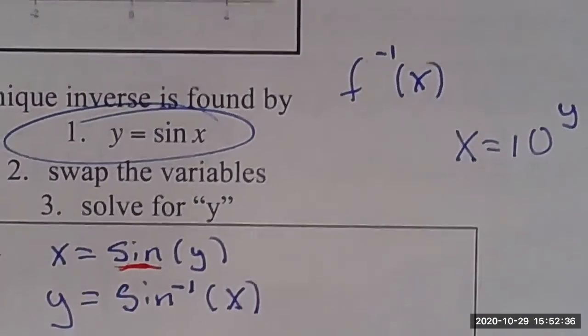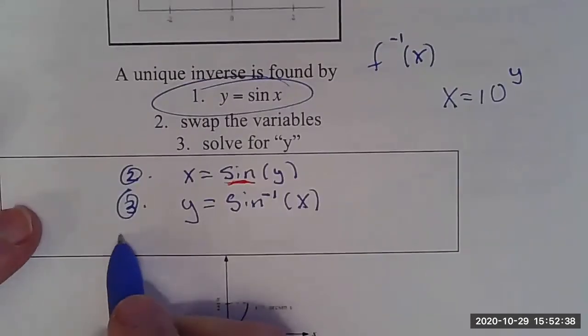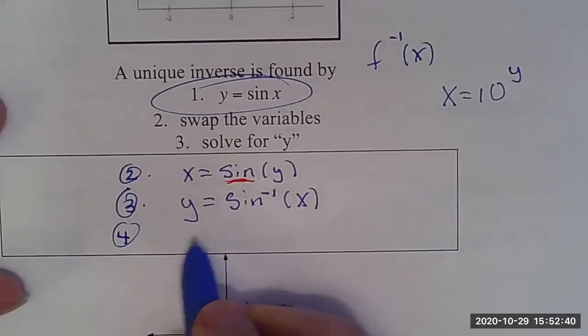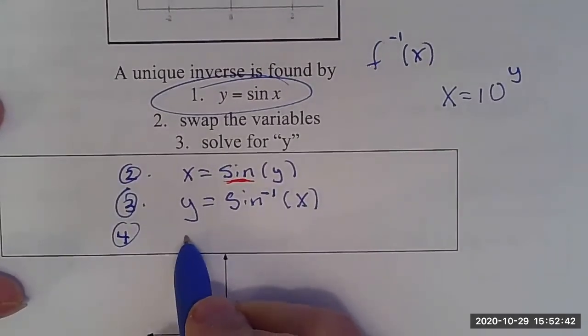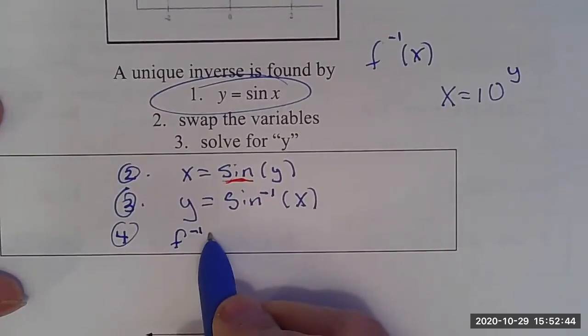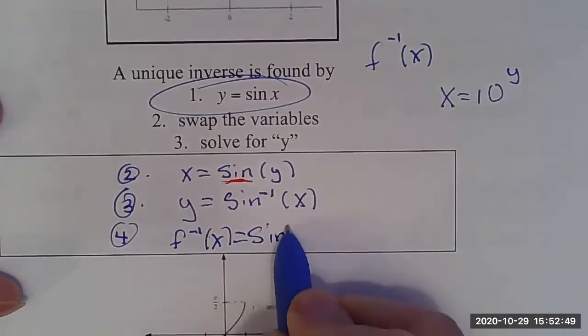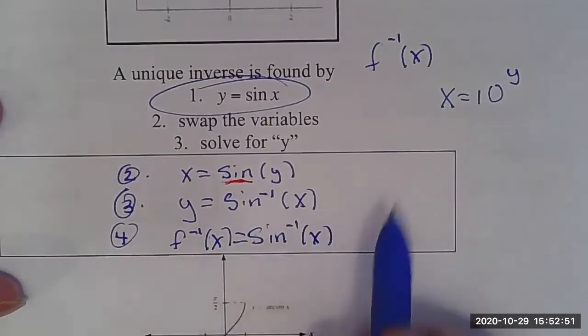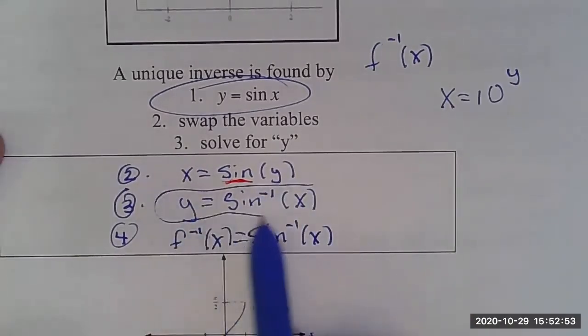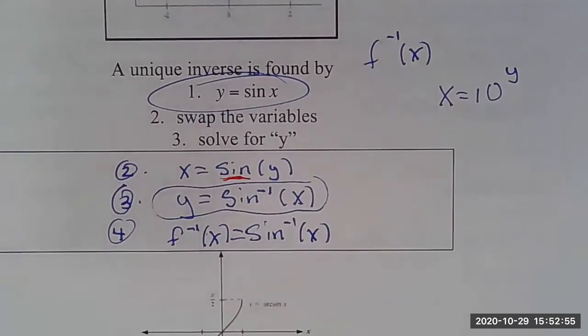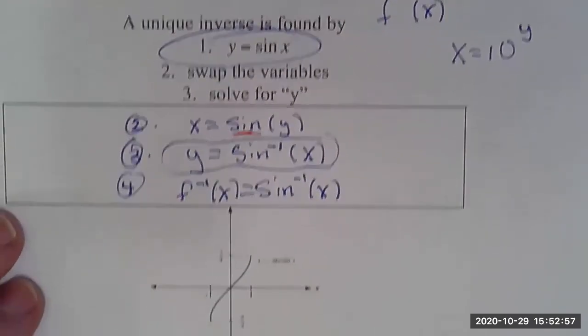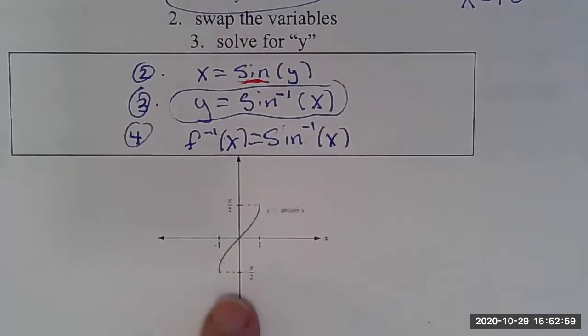Then what, Jeff? Number 4 would be, rewrite that as f inverse of x equals sine inverse of x. But this is good enough. You can stop right here because you're going to put that in your graphing calculator if you need to. And that's what the picture would look like, by the way.